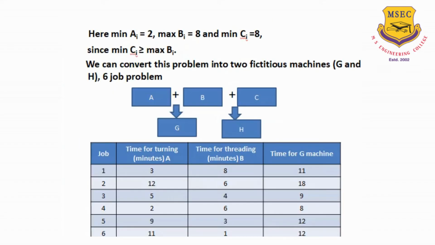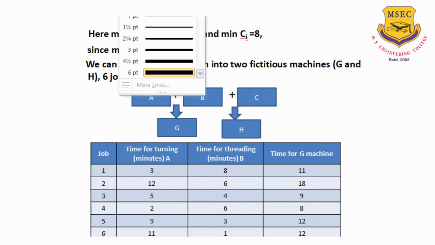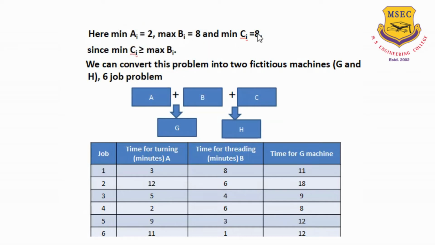So what is the condition? We find out the minimum processing time for the first machine A, the maximum for the middle machine B, and the minimum for the last machine, that is the C machine.